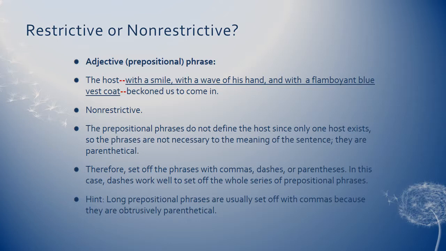Now a hint is this: long prepositional phrases are usually set off with commas because they are obtrusively parenthetical. That is, they interrupt the sentence with extra information that is not necessary to defining the grammatical subject. They're not necessary to the sentence itself.